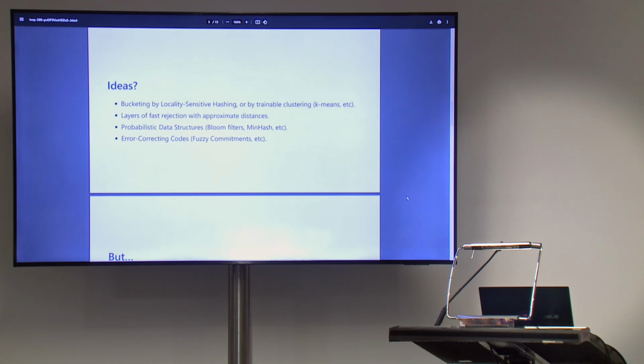You can try to redefine the distance to be faster, because I said it's going to be high-dimensional, so the distance is expensive to compute. So you could say, I'm going to make a much cheaper distance approximation, reject everything that is really far away, and then look only at the subset.